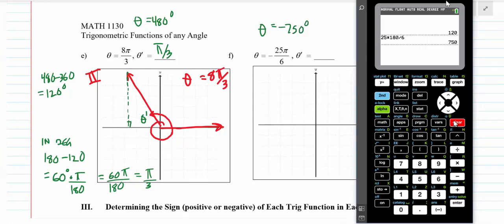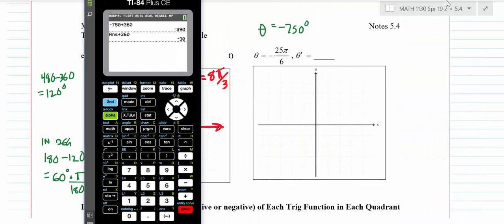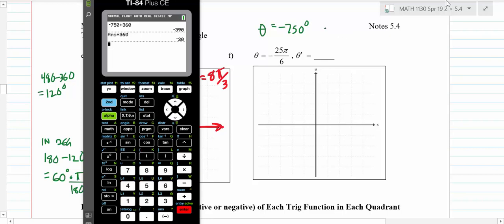Okay, so what I would do with this one is, if it's negative 750, if you add 360, then it's negative 390. If I add 360 again, then it's negative 30. So the way I look at this problem is kind of like this. This is the same thing as 2 times negative 360 plus a leftover negative 30, right?